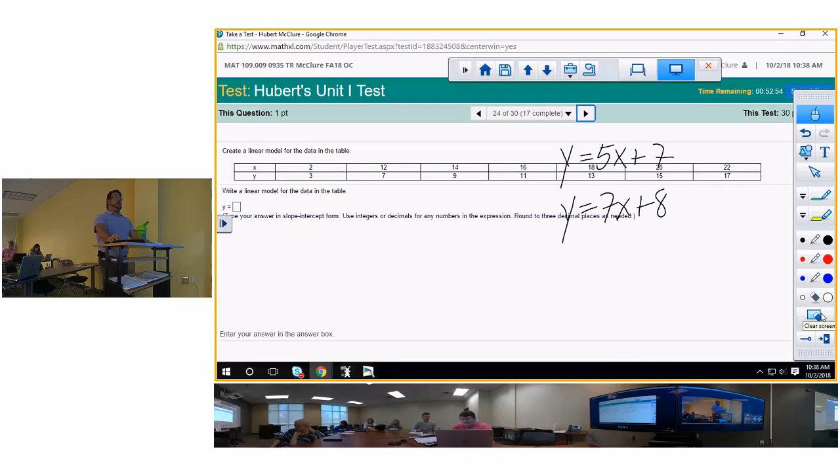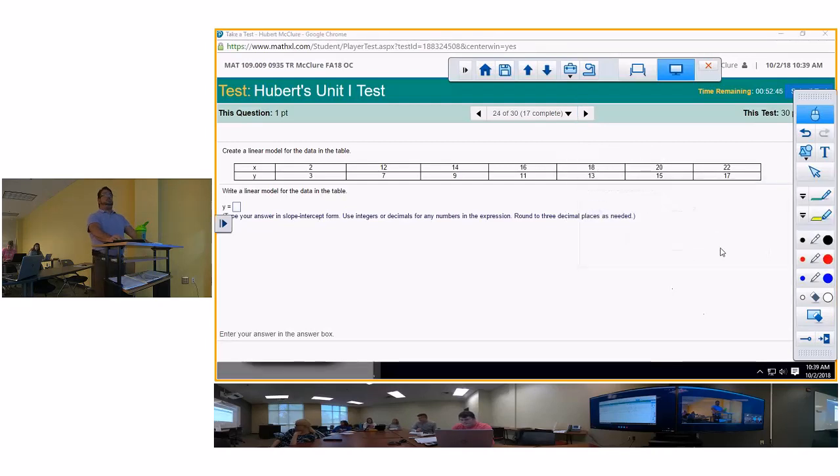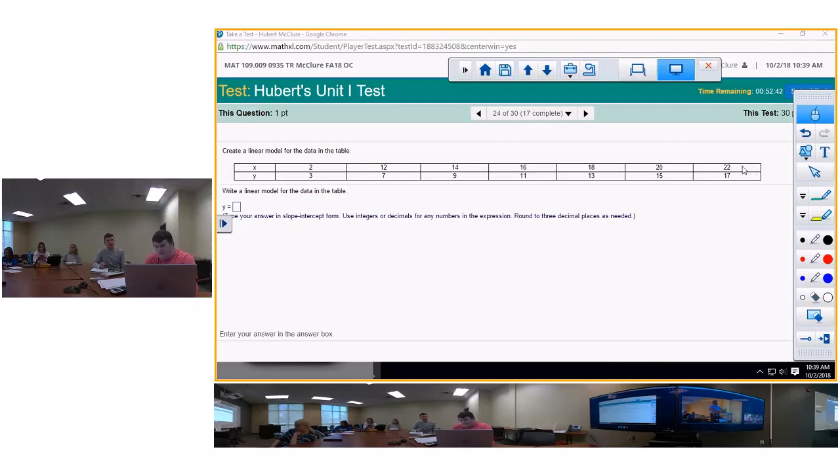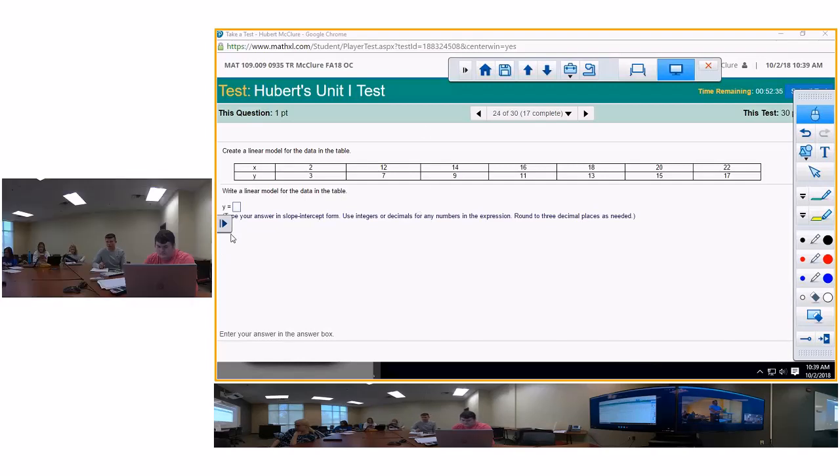Graphing calculator or Excel question. Excel. So take your graphing calculator out. Let me erase this. I can't put it in Excel. Can you pull up Excel during the test? Yes, I don't mind. Okay. Where do you go to put it in?